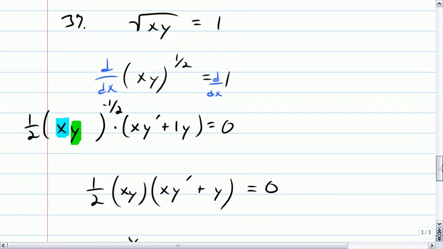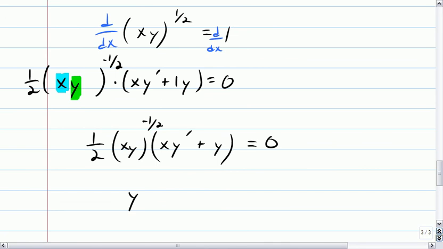Your task now would be to manipulate this so that you could isolate the y prime, which might not be that easy. But you got some algebra to do there. But that's what implicit differentiation would look like.